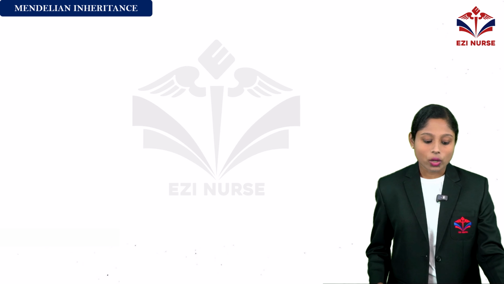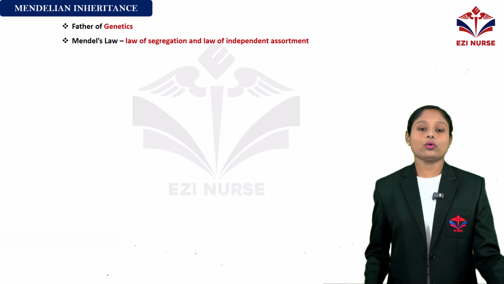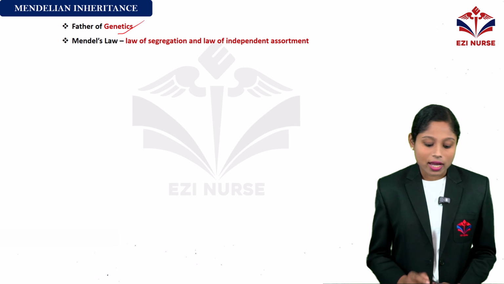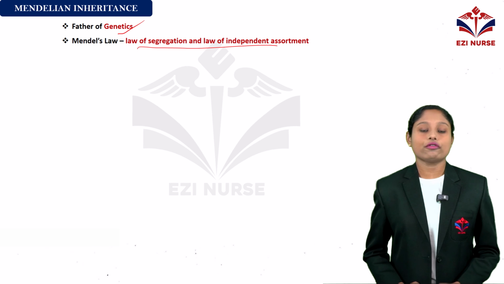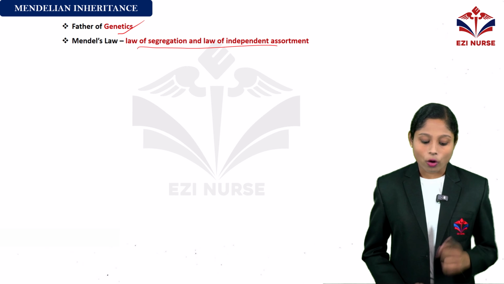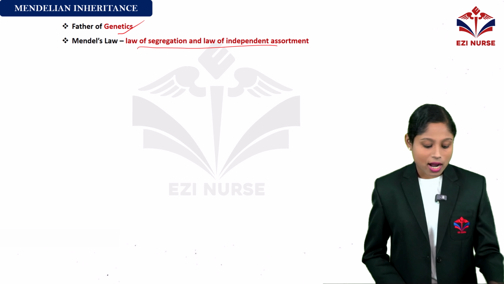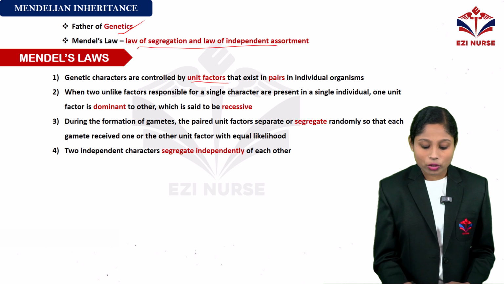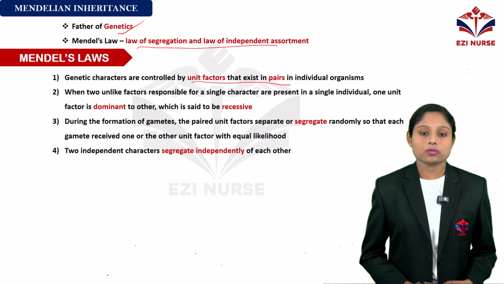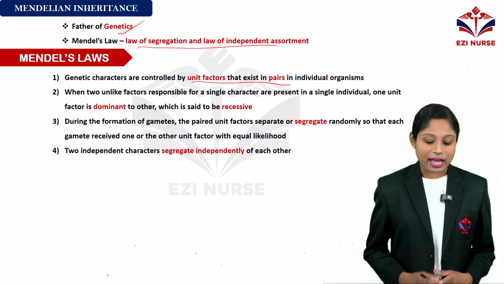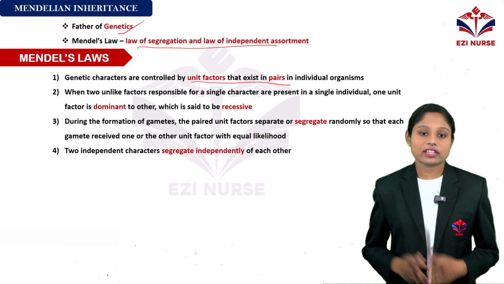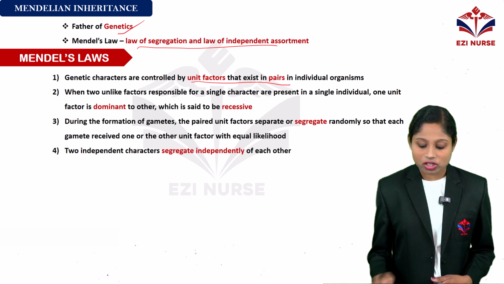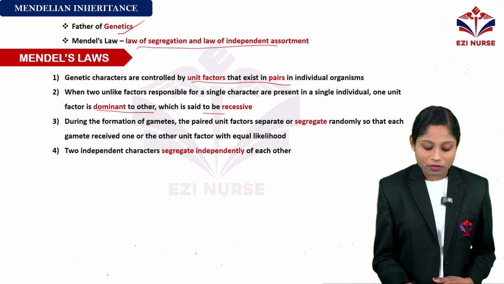Next, we are moving to Mendelian inheritance. Who is Gregor Mendel? He is the father of genetics. Mendel's laws are the law of segregation and the law of independent assortment. According to his law, genetic characters are controlled by unit factors and exist in pairs in individual organisms. When two unlike factors responsible for a single character are present in a single individual, one factor is dominant to the other, which is called recessive.